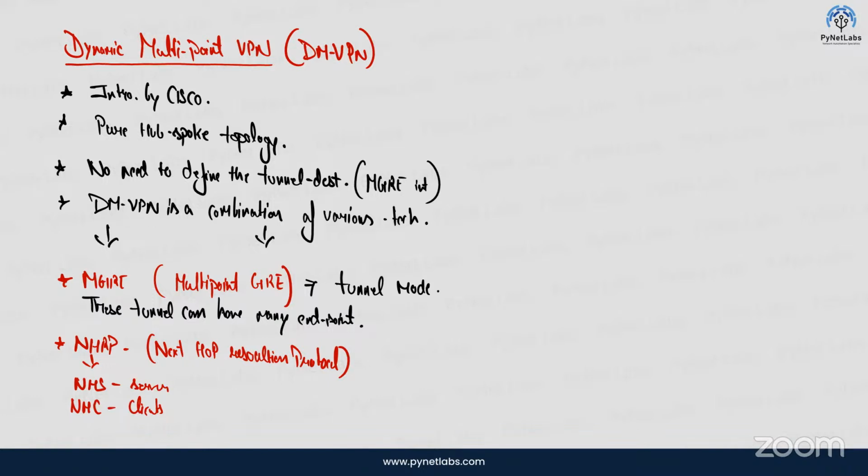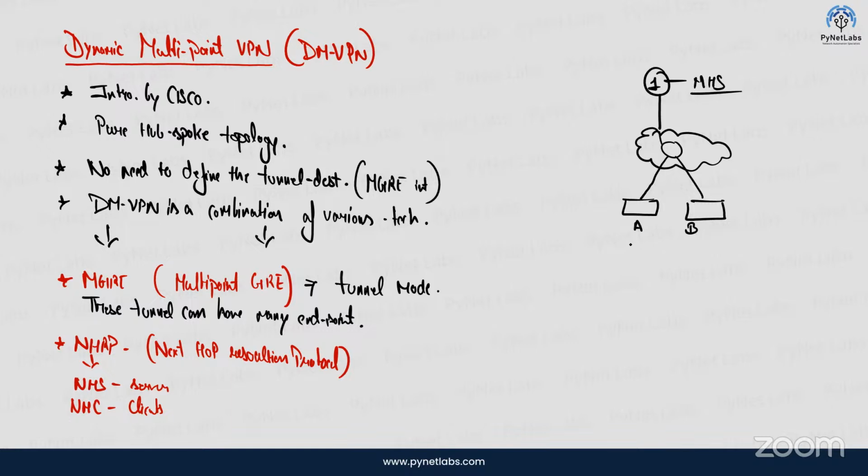Take the topology I have in the lab: router 1 is my main branch office, then there is some ISP core in between. With router 1 there are two branch offices, branch A and branch B. I'll define router 1 as the NHS, next hop server, and these are my next hop clients, to resolve the private IP to the public IP over the tunnel in between.